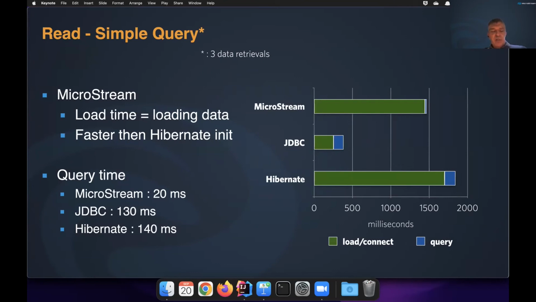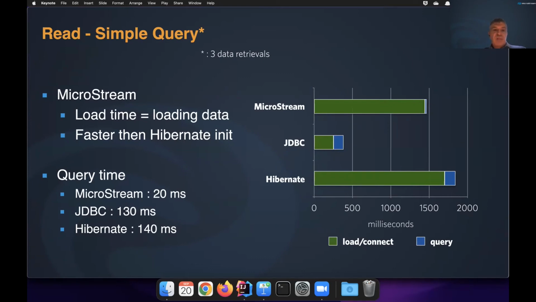With MicroStream, the bar is longer because you also need to load and connect. The green blocks are loading the data in the case of MicroStream, or in the case of JDBC, you need to connect to the database, and Hibernate is connecting plus initialization of the Hibernate system itself.